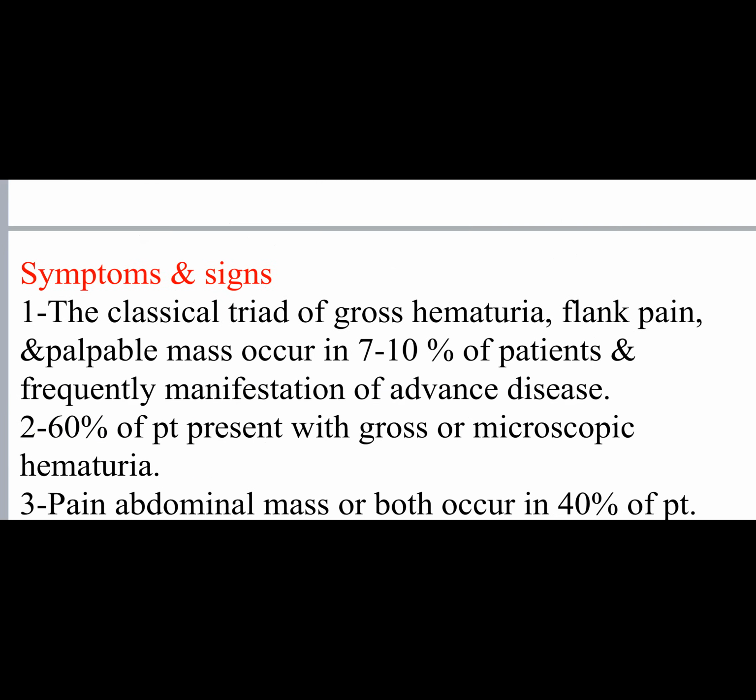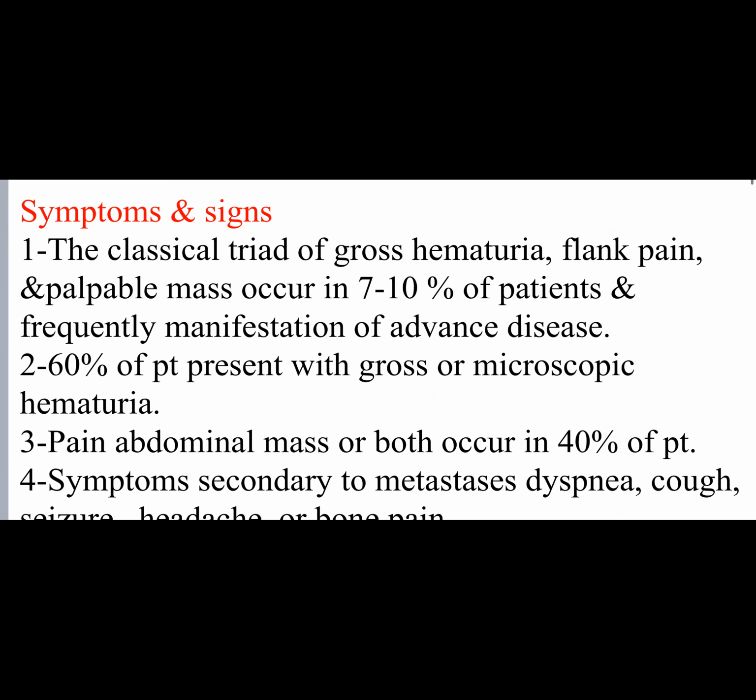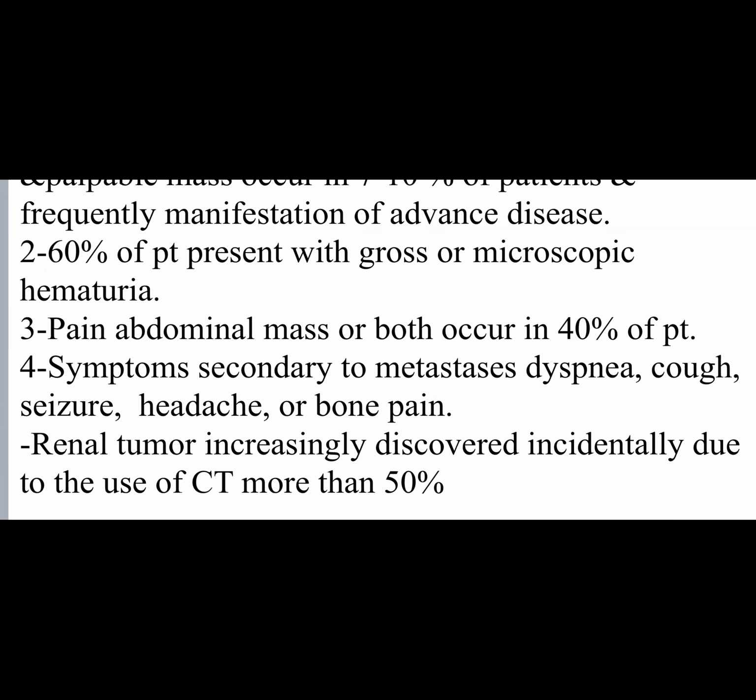Symptoms and signs. The classical triad of gross hematuria, flank pain, and palpable mass occurs in 7 to 10% of patients and is frequently a manifestation of advanced disease. 2 to 16% of patients present with microscopic hematuria. Pain, abdominal mass, or both occur in 40% of patients.